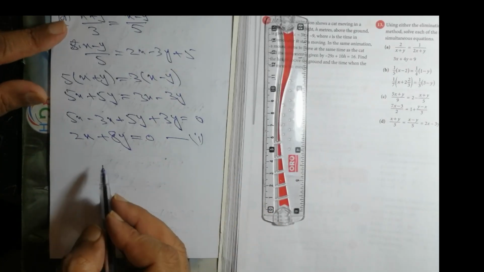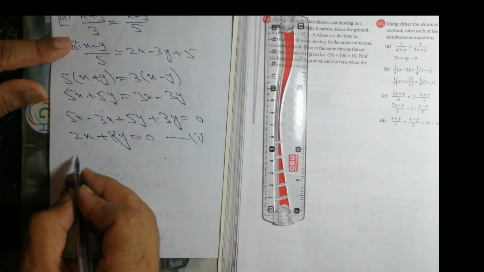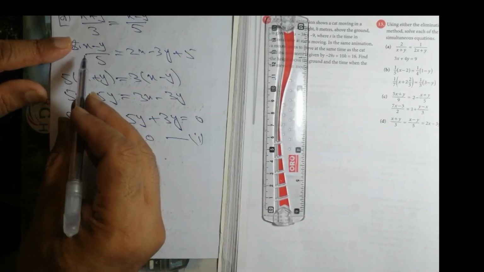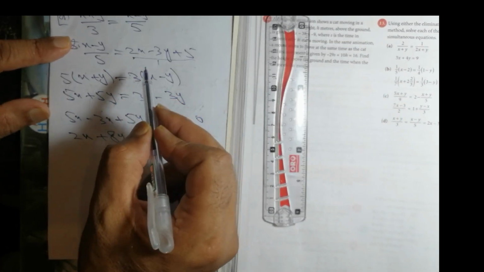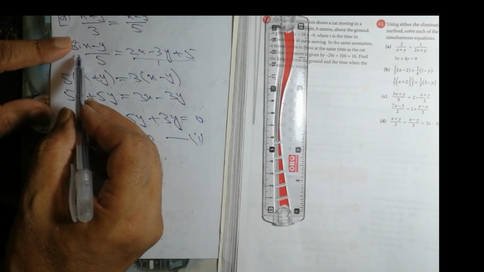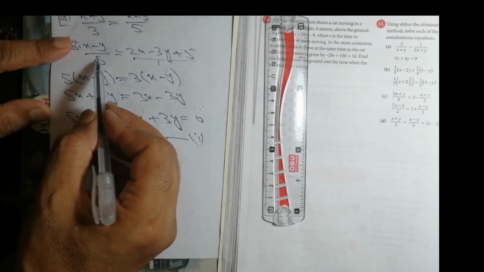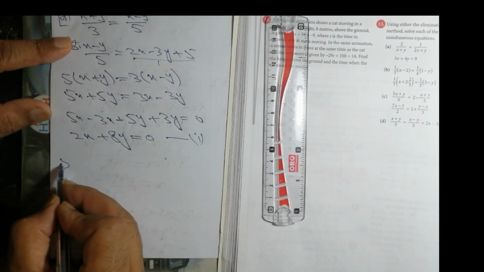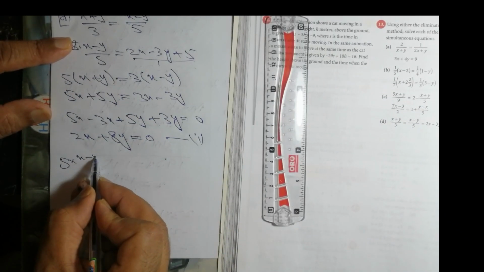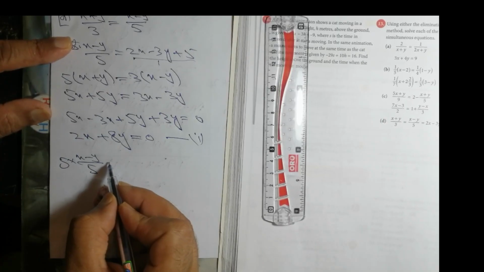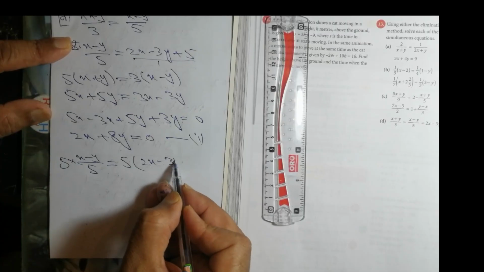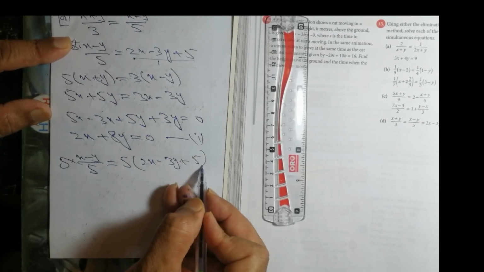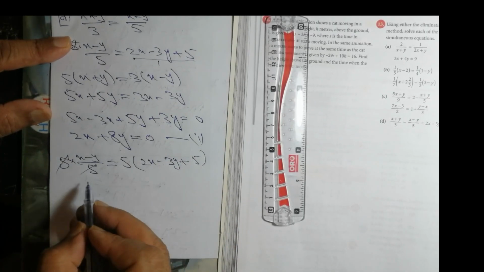So by solving the second one, x minus y over 5, this is 1. If we multiply both sides by 5, this 5 will be cancelled. So 5 multiplied by x minus y over 5 equal to 5 into 2x minus 3y plus 5. 5 cancelled.